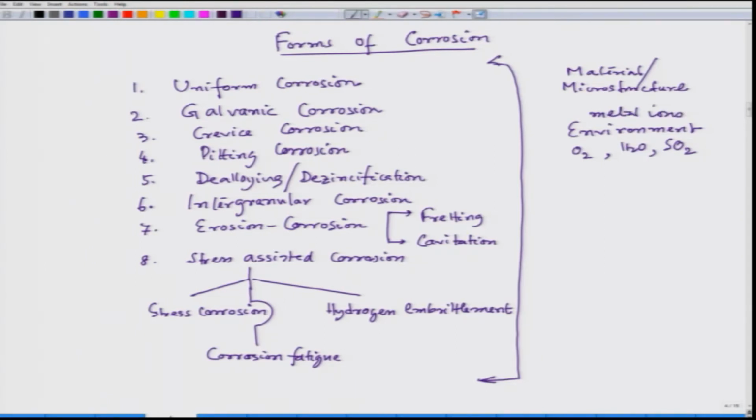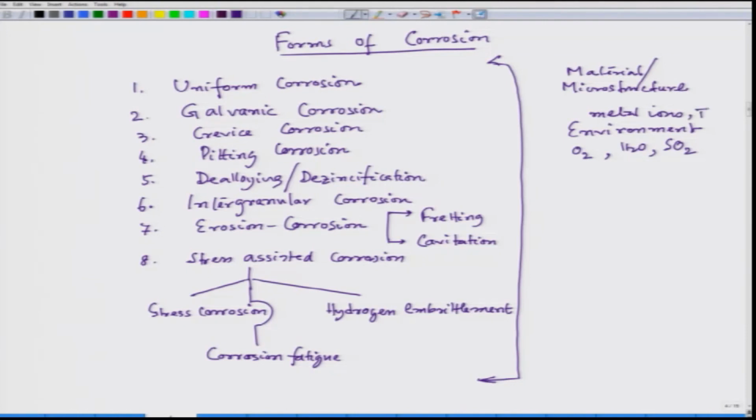For example, Fe3+ ion, if it is there somewhere, is not good, because Fe3+ allows greater corrosion to happen. We have given the example of zinc dipped in dilute HCl. If we have a little bit of impurity FeCl3, that means Fe3+ ion is there, so the corrosion rate of zinc would be much higher than in the solution where FeCl3 is not there. So, those metal ions. Then of course other factors like temperature will come into the picture.